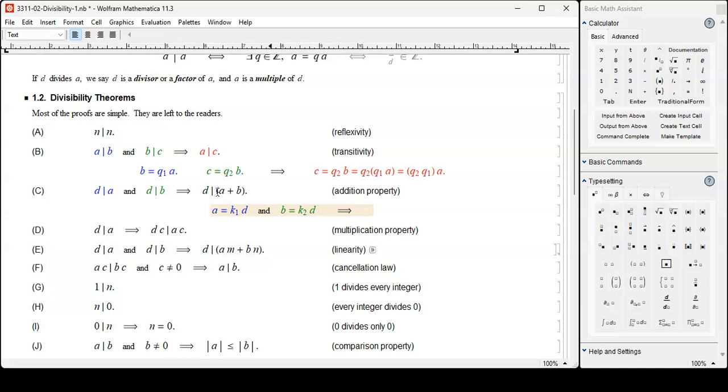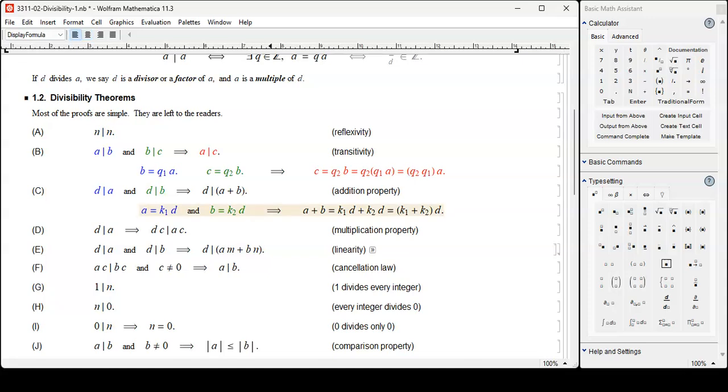Now, does D divide A plus B? Well, let's work out. A plus B is, let's see, A is k1D, and then B is k2D, and you can manipulate like this, k1 plus k2, and is that an integer here?